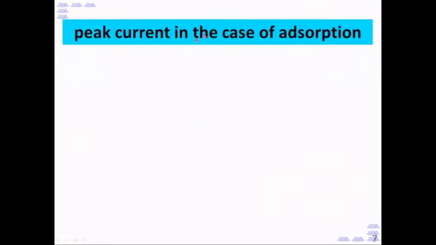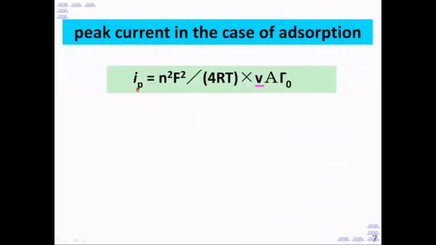Peak current in the case of adsorption. In this case, it's different from the non-adsorption case. IP is proportional to scan rate directly. You have to remember the difference between the diffusion case and the adsorption case.